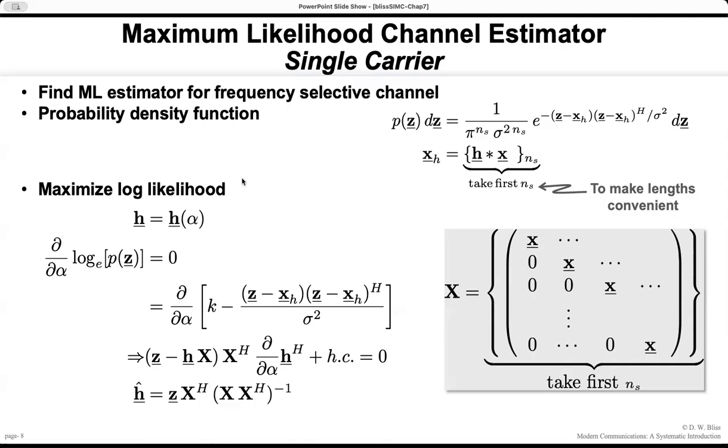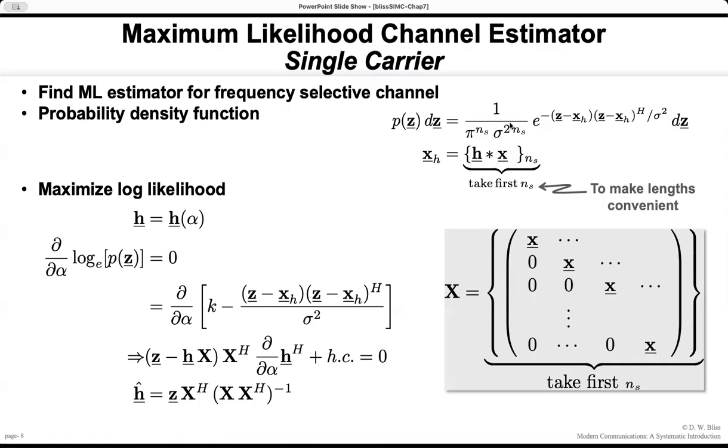So we're going to do that trick we've discussed before. We're going to say h is a function of some real parameter alpha. So the probability density function, while it has a bunch of complex stuff in it, is real, and alpha is real. So we can take the derivative of the probability density function with respect to alpha, and it's all well behaved.